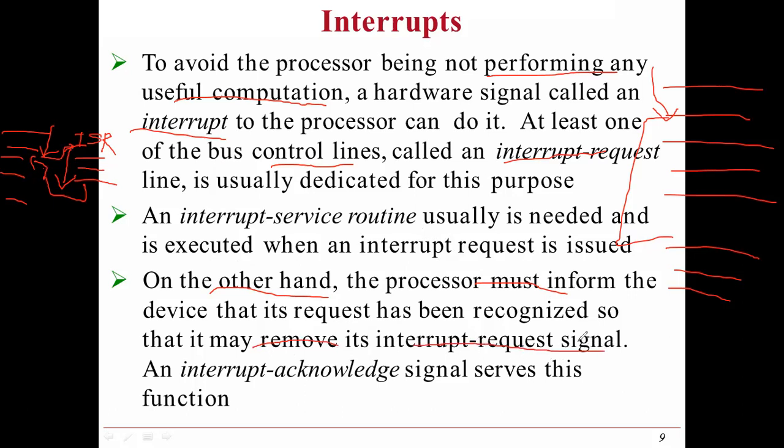An interrupt acknowledge signal serves this function. That means whenever we give the interrupt request signal, the processor responds whether it has accepted that interrupt or not. That is the interrupt acknowledge signal.